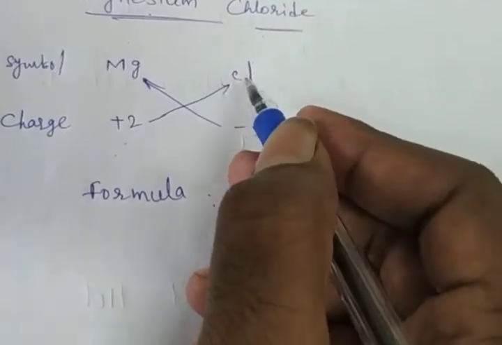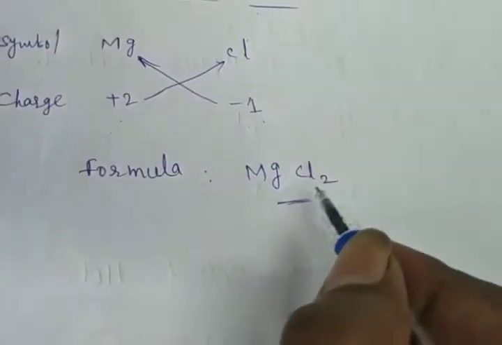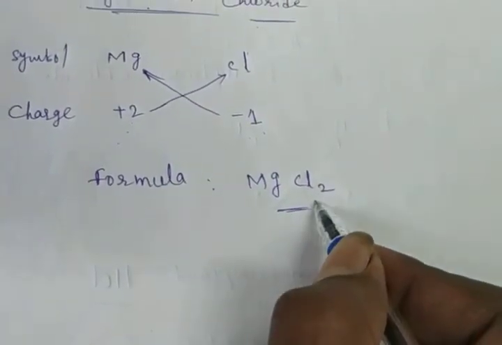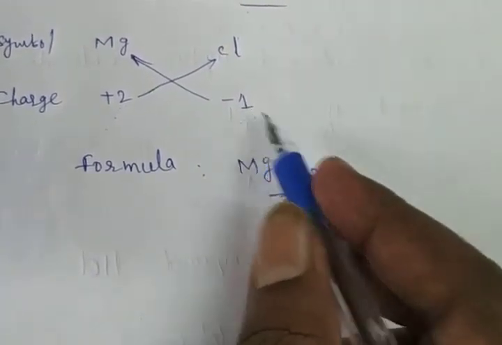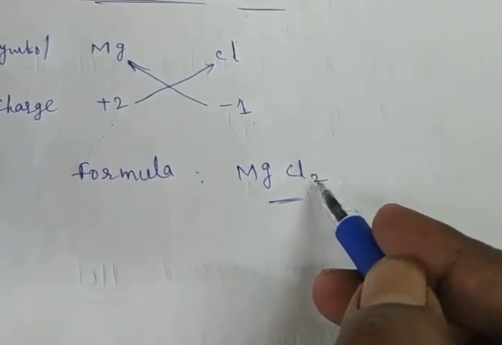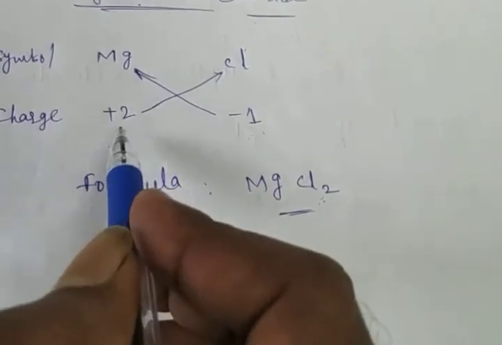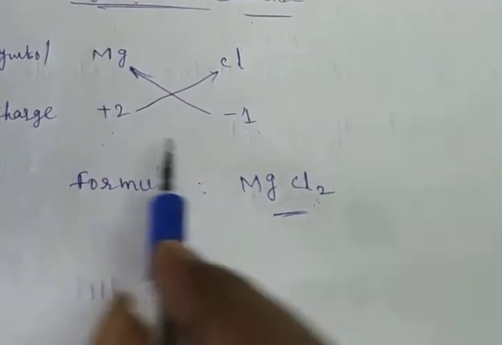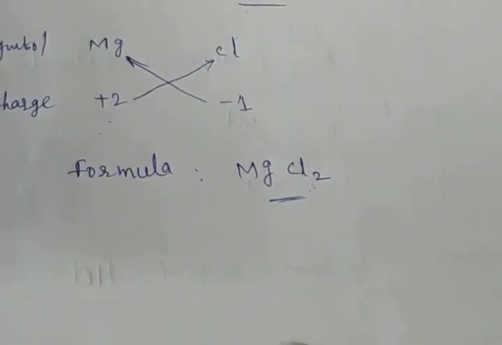That's why, if we take a single chlorine, it is not neutral. How many chloride ions do we need? 2 chloride ions. Each chloride ion is -1, so two chloride ions give -2. Magnesium is +2. Here -2 and +2: it is neutral.